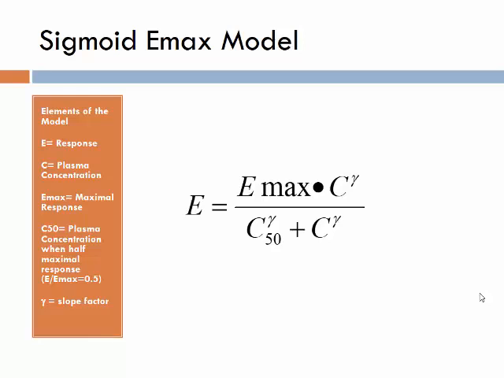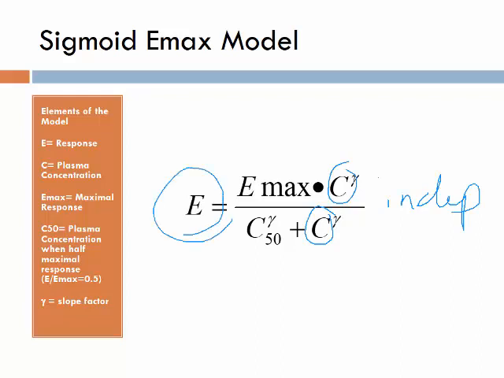Okay, so now we're going to start with the most complex model that describes the relationship between our concentration, which is our independent variable here, and how it determines what the effect will be, which is our dependent variable. So we have our concentration.